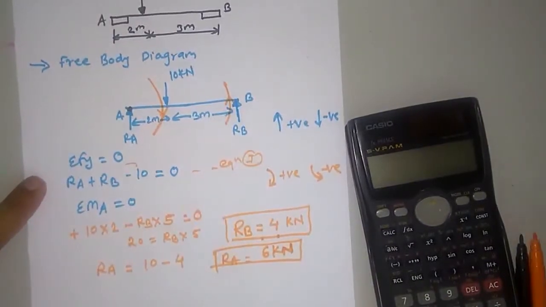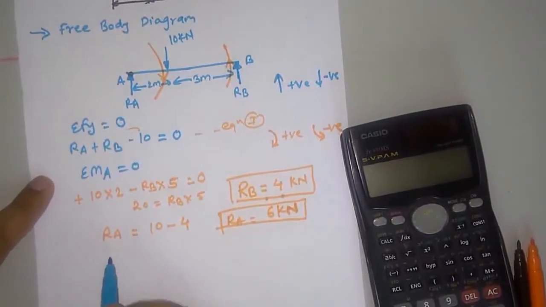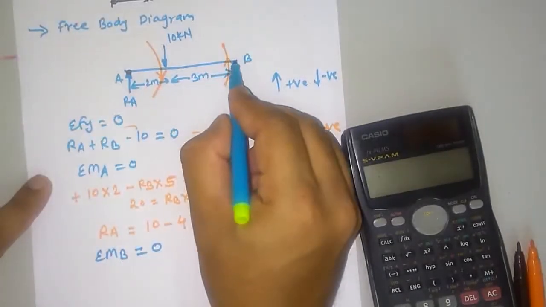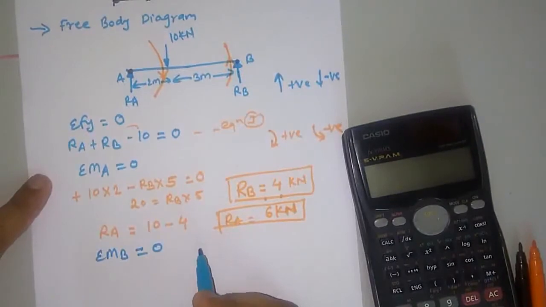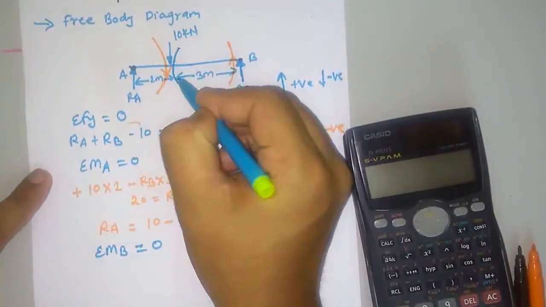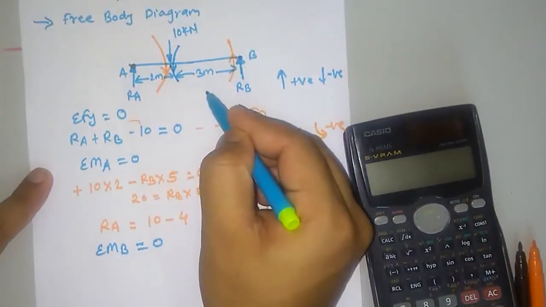Now we will see what we get when we take moment about point B. So summation of moment about point B is equal to 0. What is the first force? If you draw this direction, it is anti-clockwise.